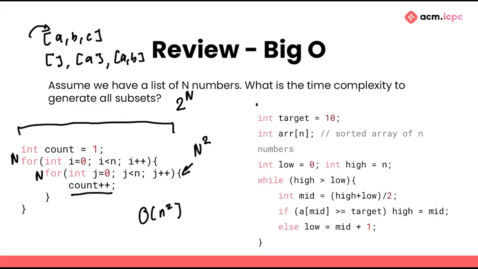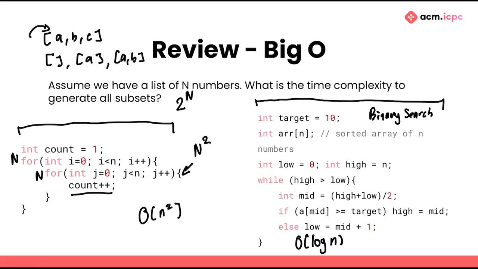All right, now what about this code on the right? Log n. Now, can you tell me what this algorithm is actually doing? Exactly. This is called the binary search algorithm.